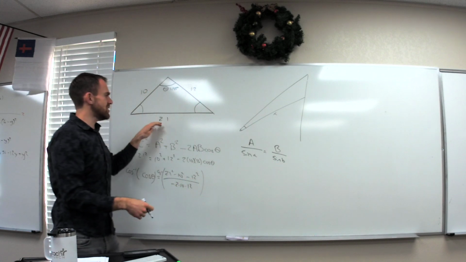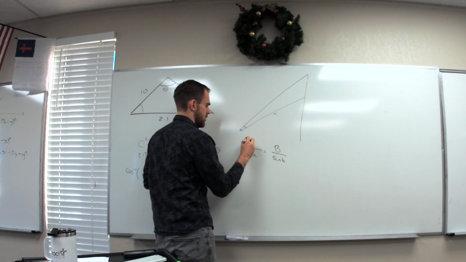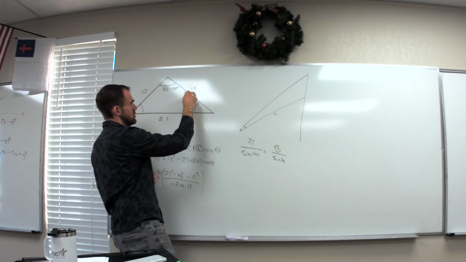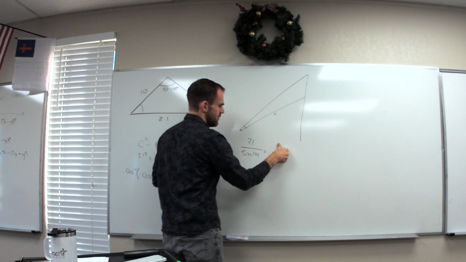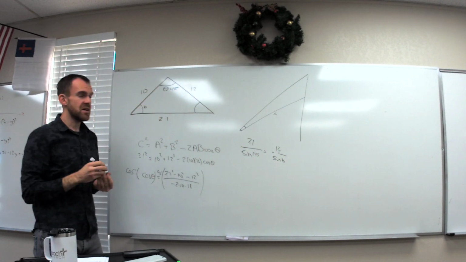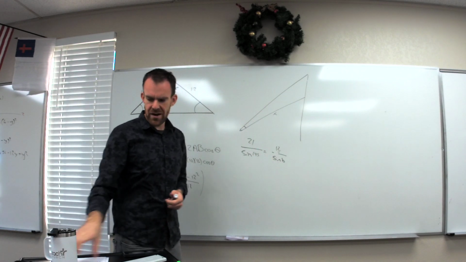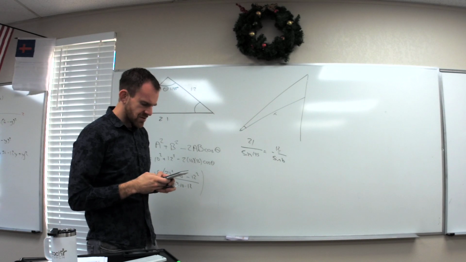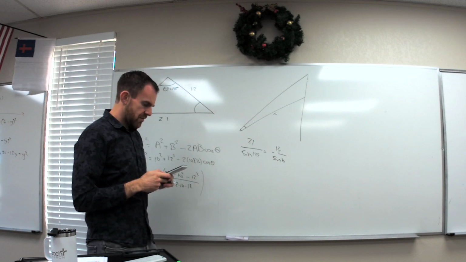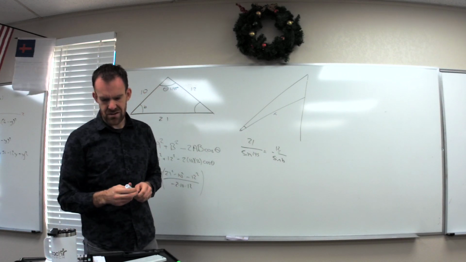So in this case, I could do 21 over sine of 145 equals 12 over sine of, we'll call that side b. From there, you can solve for sine of b by cross multiplying, and you take arc sine of 12 sine of 145 over 21. You get 19 degrees.